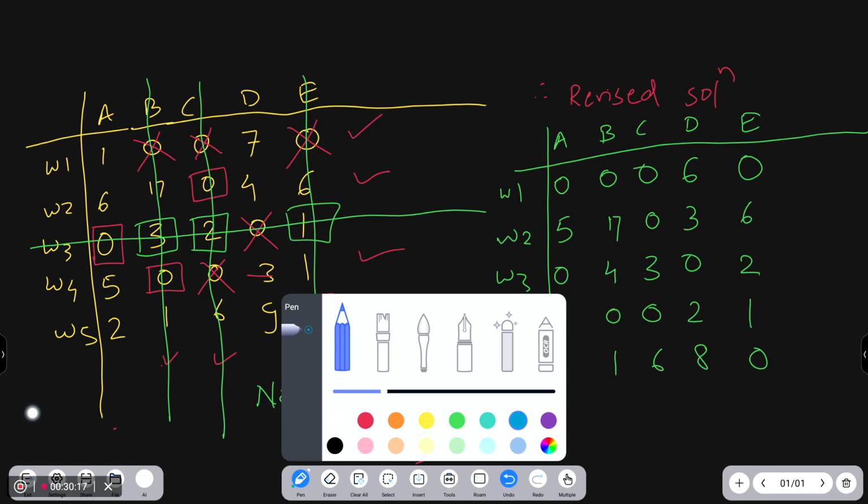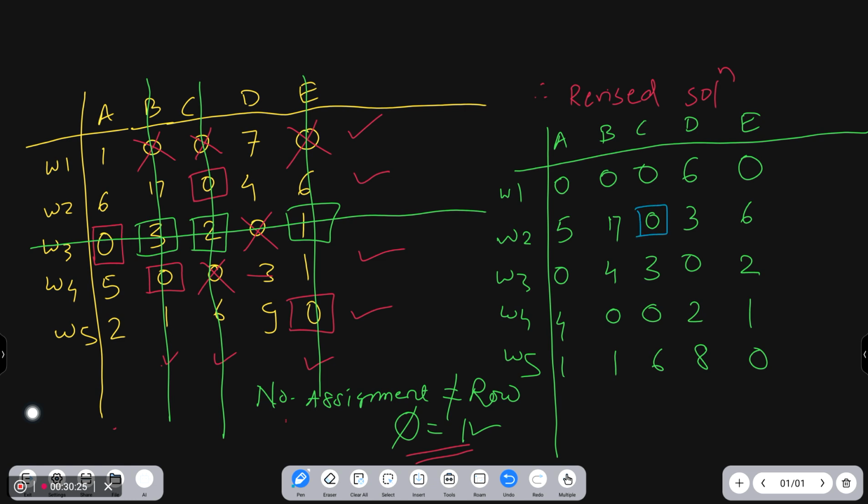How many zeros are in the first? Only one, so make the assignment but cross all the zeros in the corresponding row and column. In the next one, how many zeros are there? This is the one, and cross this one.